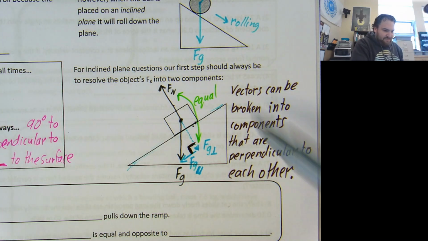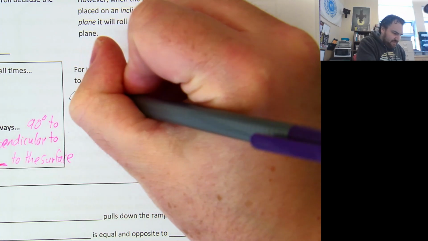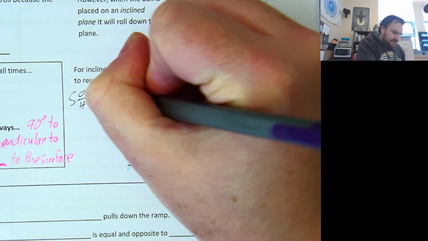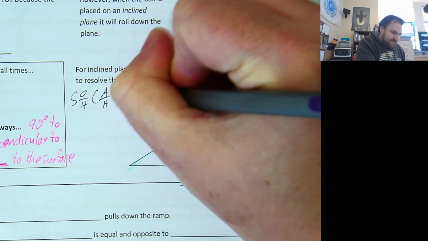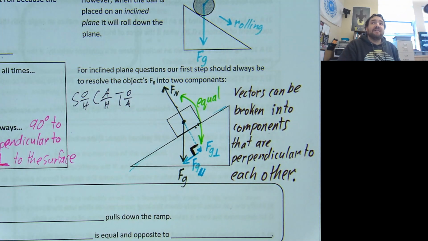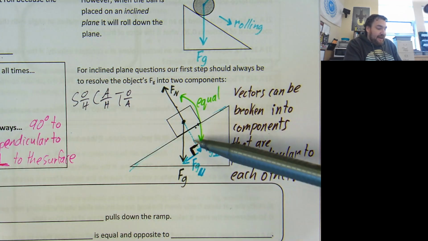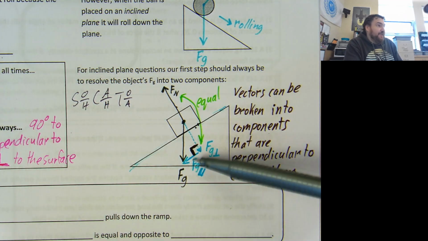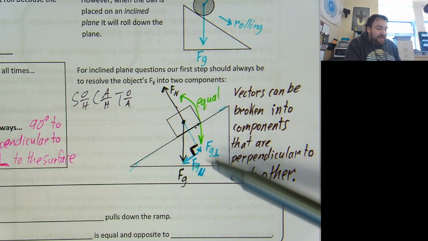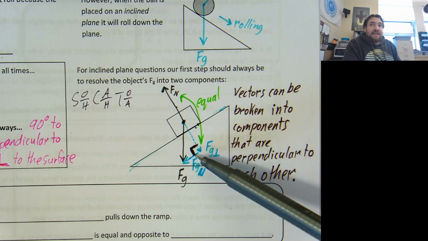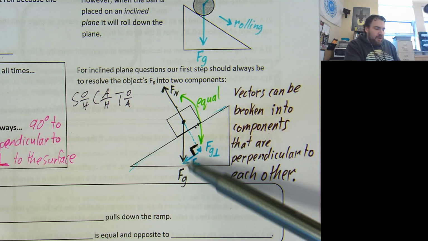So, SOH, CAH and TOA now all of a sudden become available to us. We can start to figure out how we know these two can't be, well, maybe they can. They might be equal to each other. We don't know. But we know that because they're meeting at right angles to each other, this is a right angle triangle.